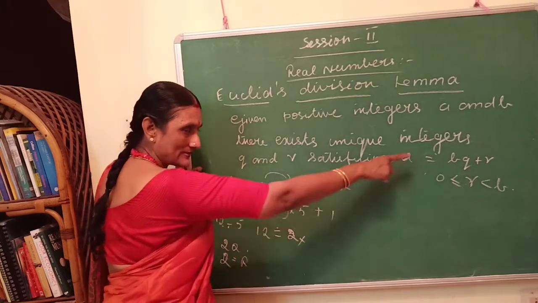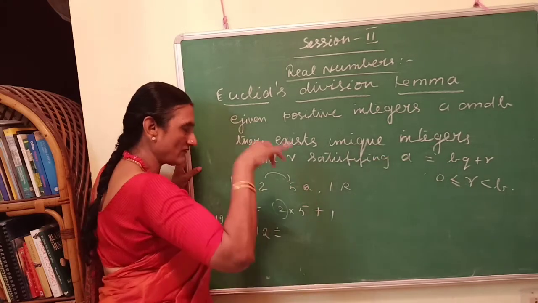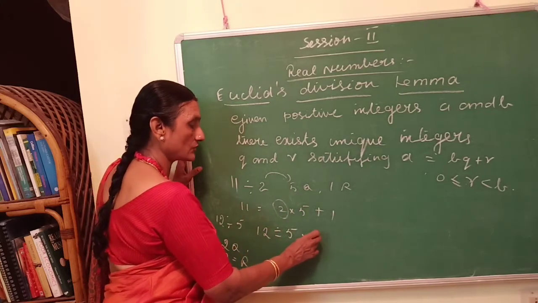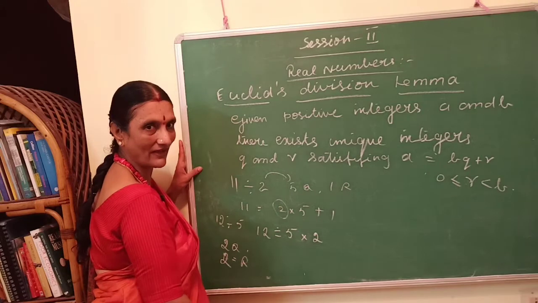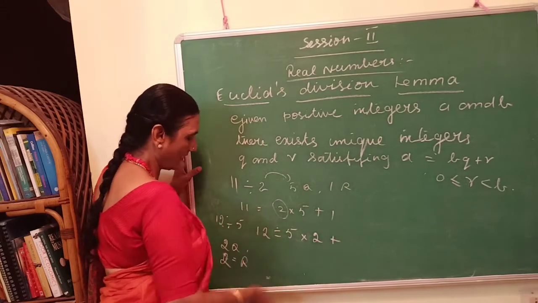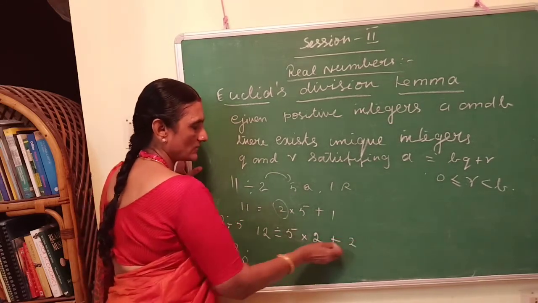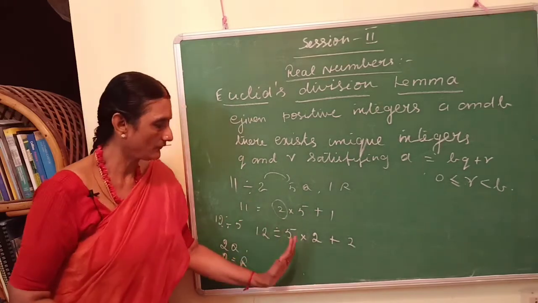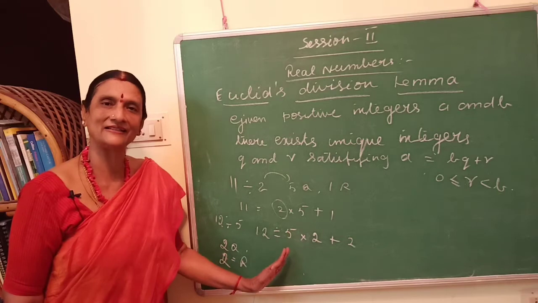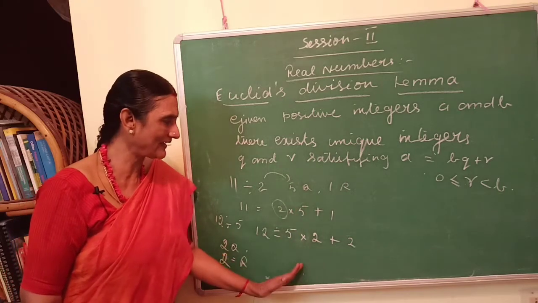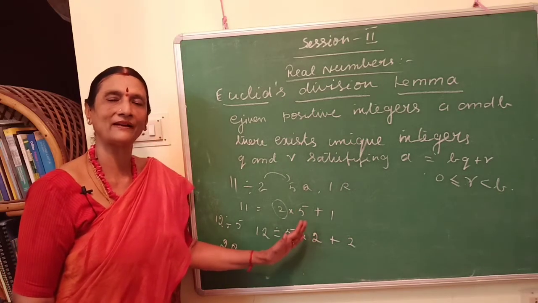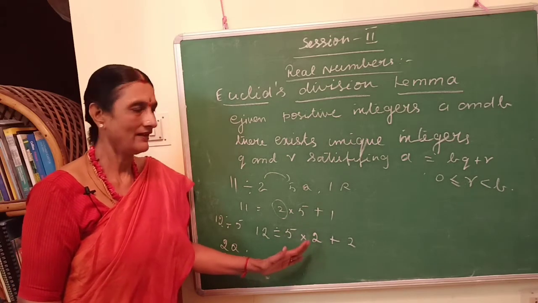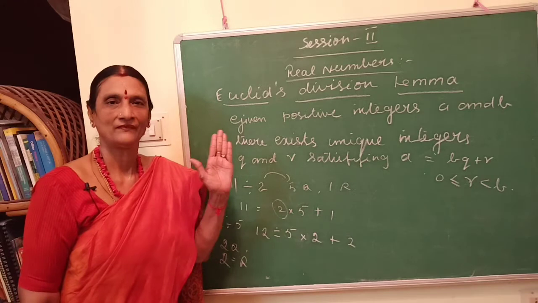When we are using that format, the one which is going to divide should come first and the quotient should go next as the value Q. Plus, what is the remainder? 2. So 5 into 2 or 2 into 5, even though they are the same, the first number represents the divisor with which we are dividing, and then the second number represents the quotient, the number of times we are going to divide, plus 2, the remainder.